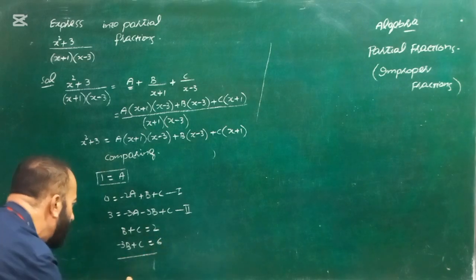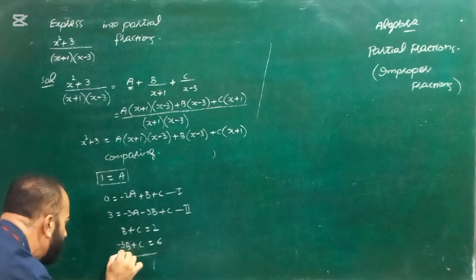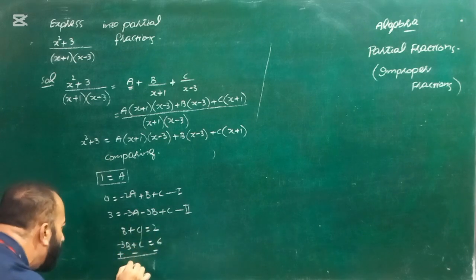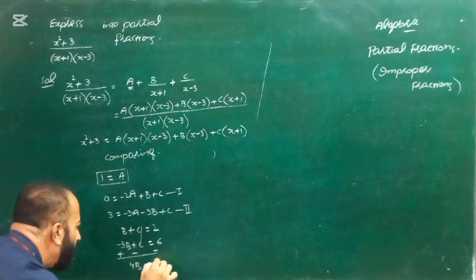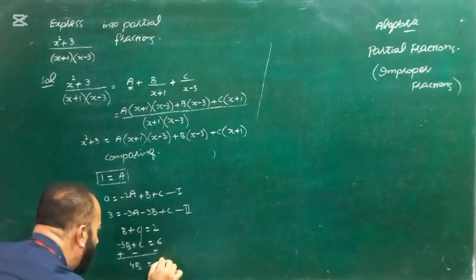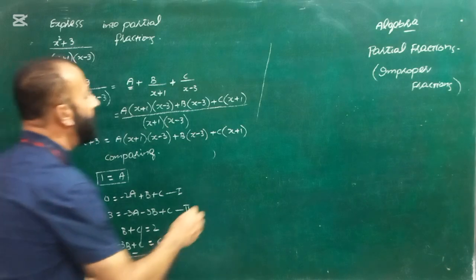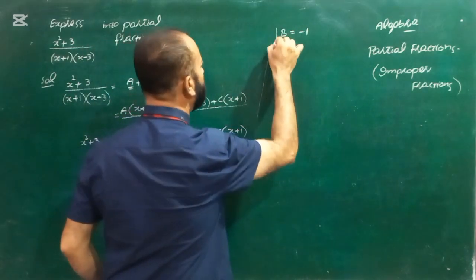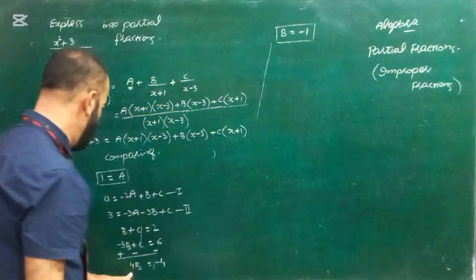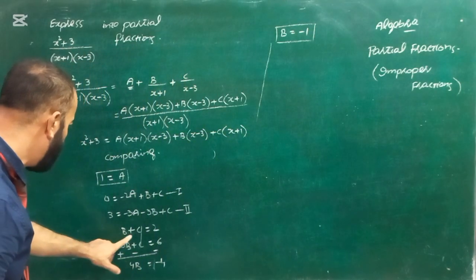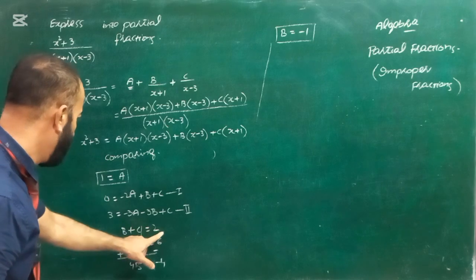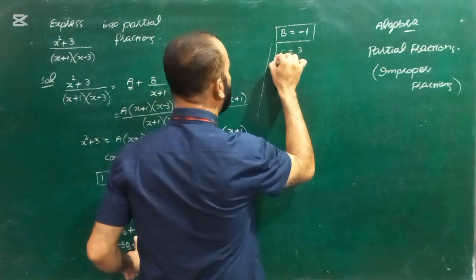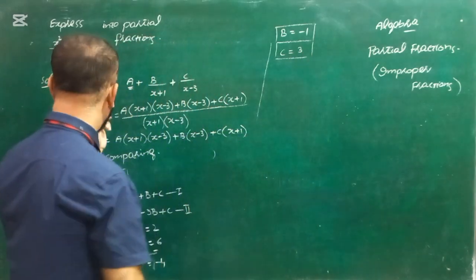If you simply subtract these, C will be cancelled and 4B will be equal to 2 minus 6, which is minus 4. So B is equal to minus 1. Putting B's value here, C will be equal to 3. So these are the values which we have found.